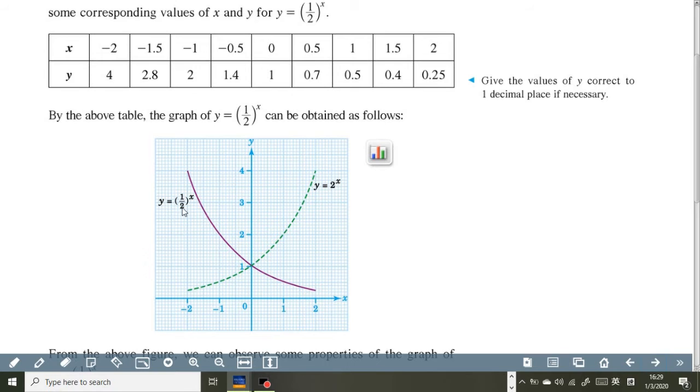Because 2 and 1 over 2 multiplied together just equal 1. So for 2 and 1 over 2, we say that they multiply to become unity. That means they multiply to equal 1. If they have these properties, then the graph will be reflected about the y-axis.